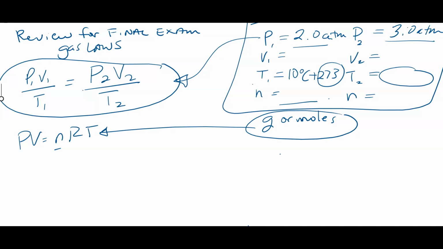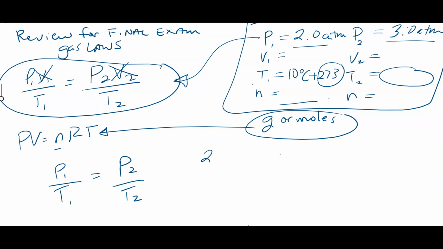So I see that there's changes in pressure in this problem, and I see that they're asking about temperature changes. So I'm going to use this formula here, and I'm not going to worry about volume, so you can just get rid of that and use the formula P1 over T1 equals P2 over T2. Then I'm going to throw the numbers in that they gave me.